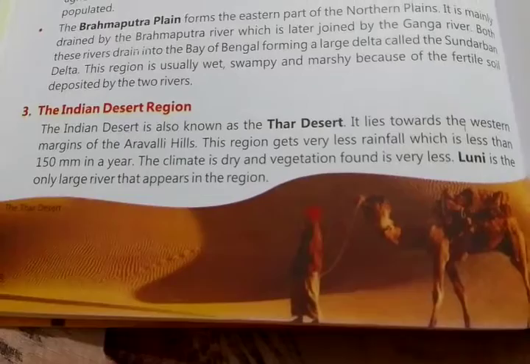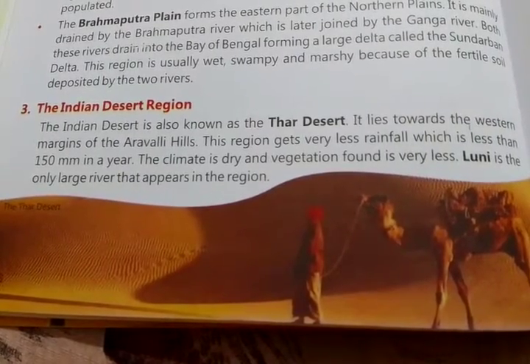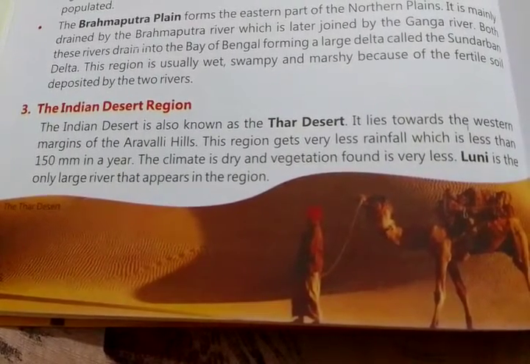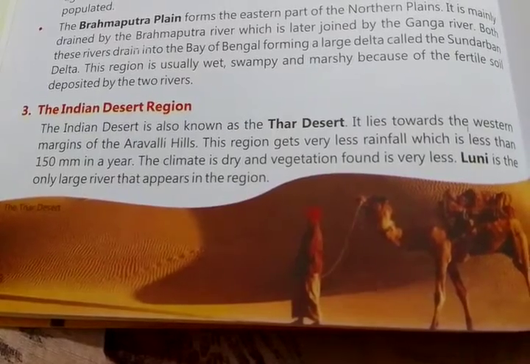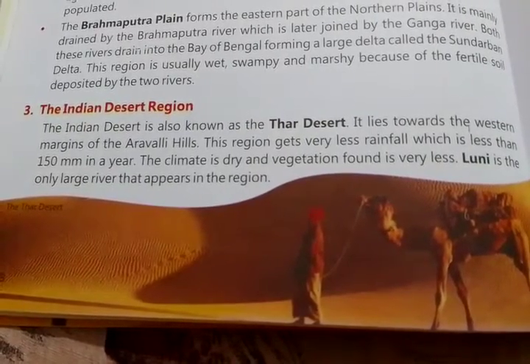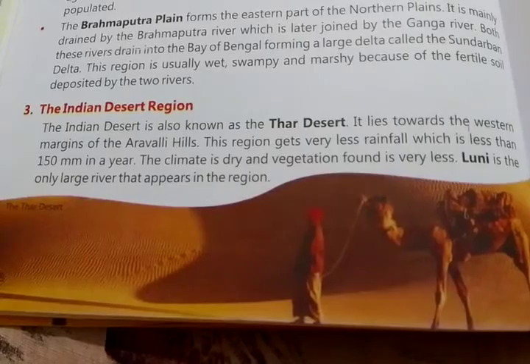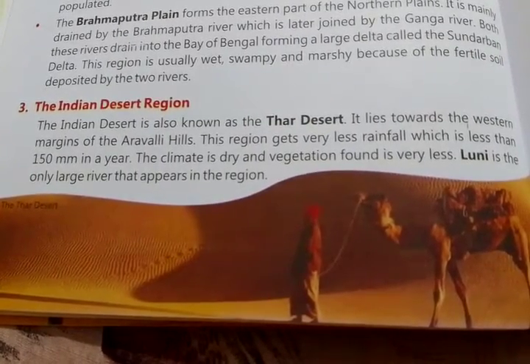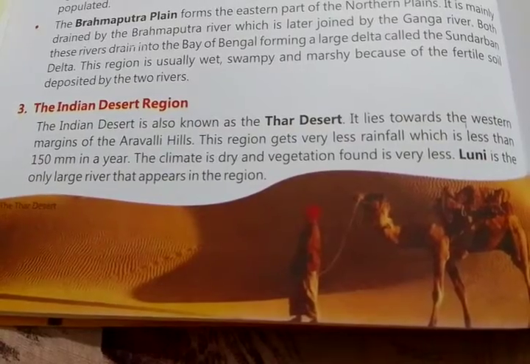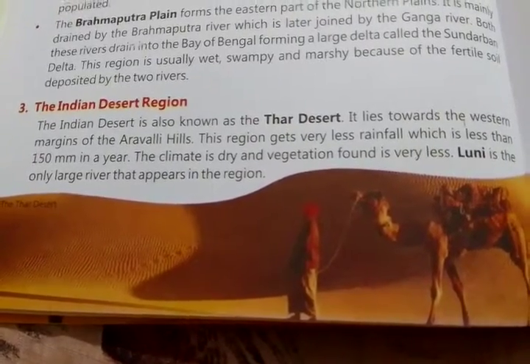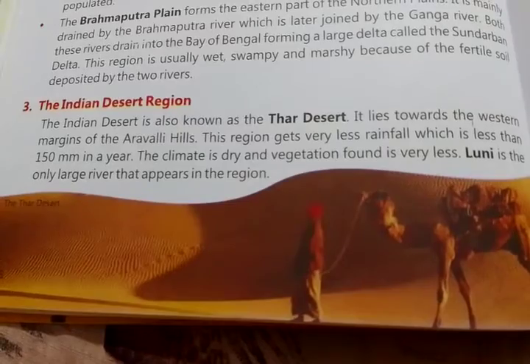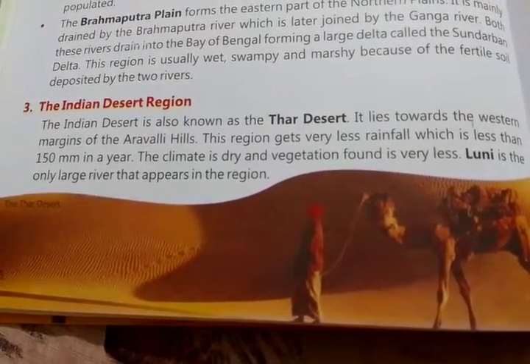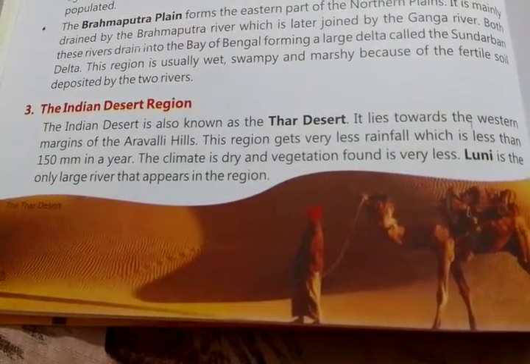Cactuses are the main plants which grow here. And in this desert region, Luni is the only large river that appears in this region.